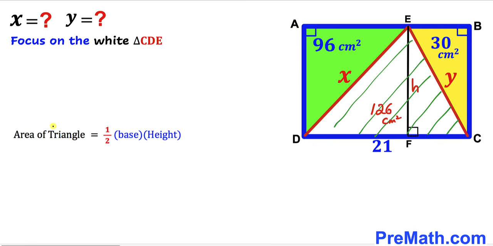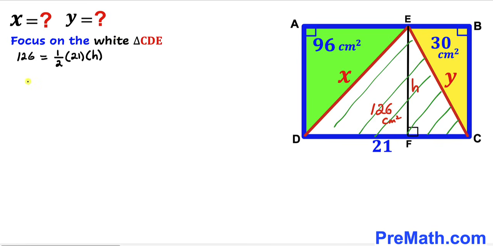Let's fill in the blanks: 126 equals a half times 21 times h. Let's simplify: 126 equals 21 divided by 2 times h.